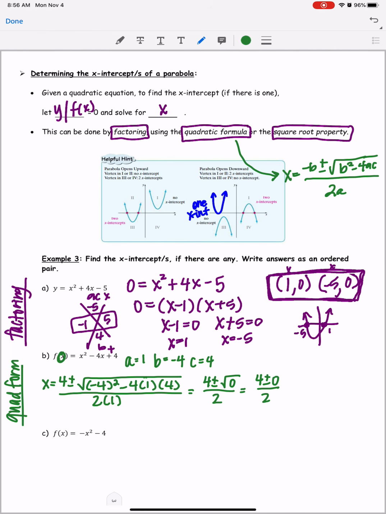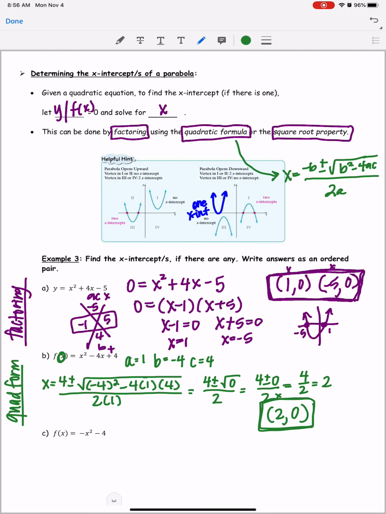So what this means is I only have one x-intercept. Because I have found that x equals 2, my ordered pair here is (2, 0). Okay, that's my x right there.